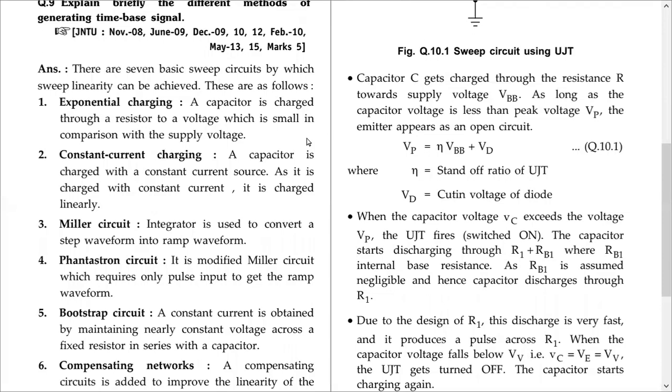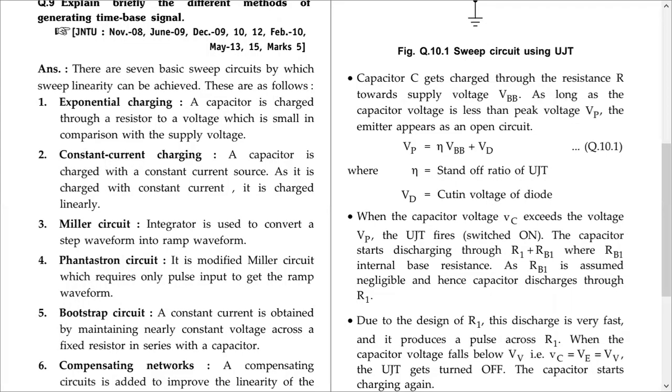Then, what do you get if you integrate a step waveform? A step increases suddenly, then remains constant, so most of the part it is constant. When you integrate a constant, it becomes constant into t.